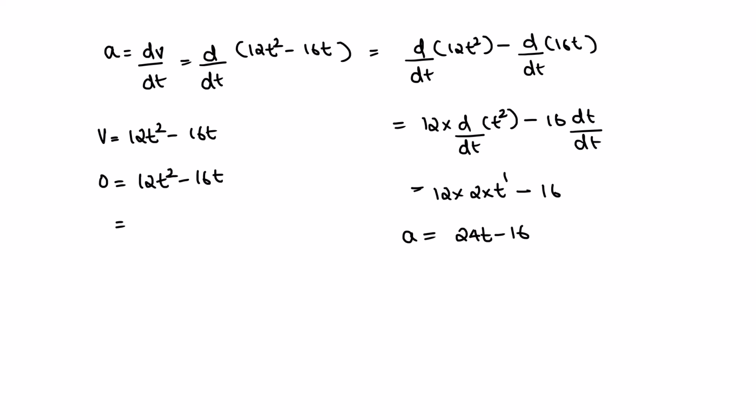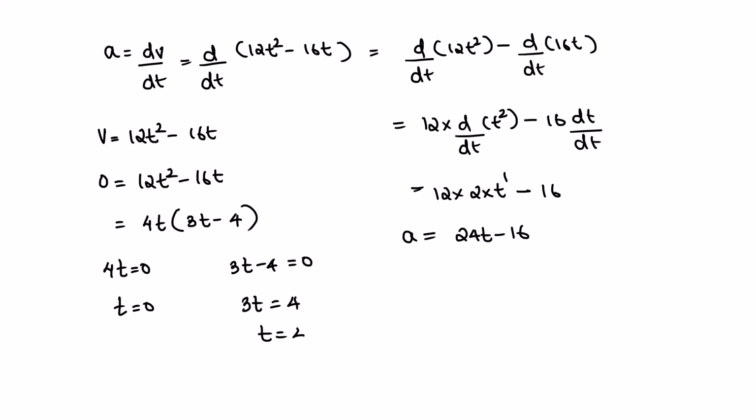If you take 4t outside, you can write 4t into 3t minus 4 equal to 0. That means either 4t equals 0 or 3t minus 4 equals 0. So t is equal to 0, that means at rest, initially, the velocity was 0. Also, 3t equals 4, or t is equal to 4 by 3 second. At 4 by 3 second, the object momentarily comes to rest.